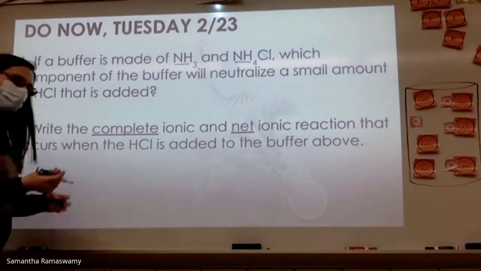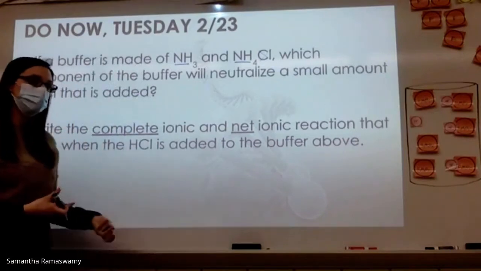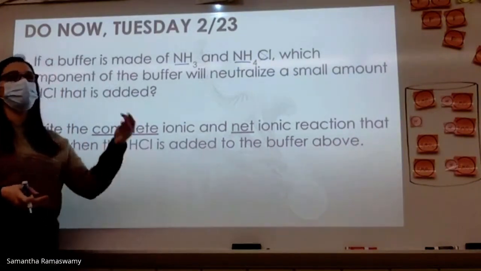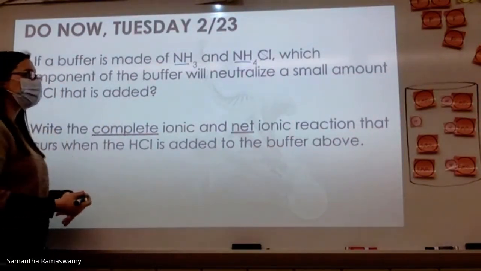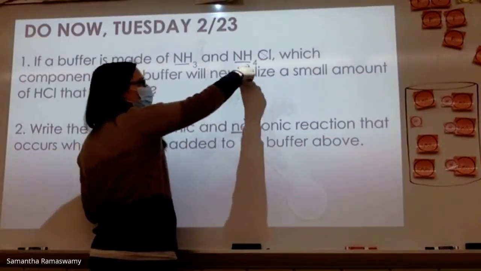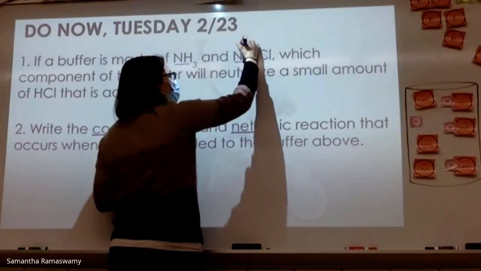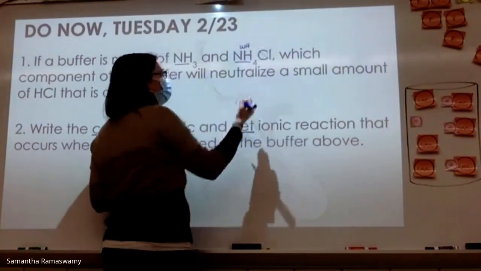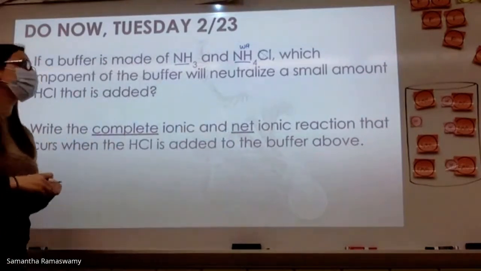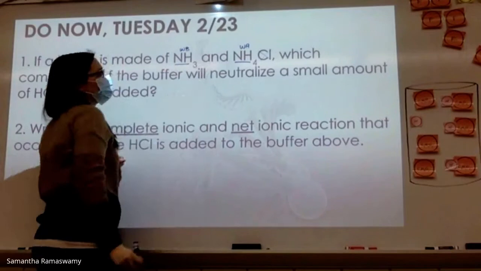Because when you're thinking about a conjugate acid-base pair, the conjugate acid is what is produced after the base accepts the H+. So if you're comparing NH3 and NH4+, NH4+ has the extra H. So this is actually the weak acid portion of the buffer. Ammonia, NH3, is a weak base.